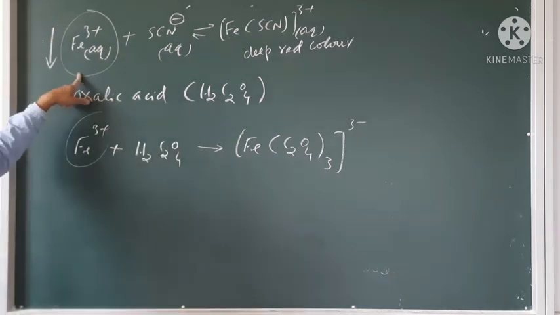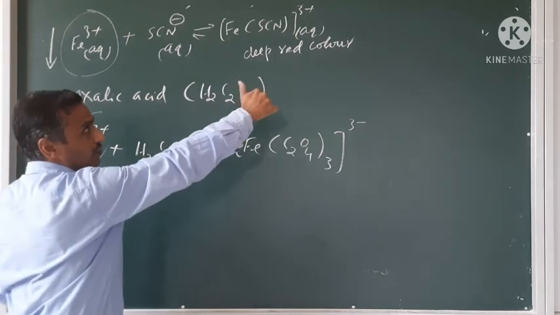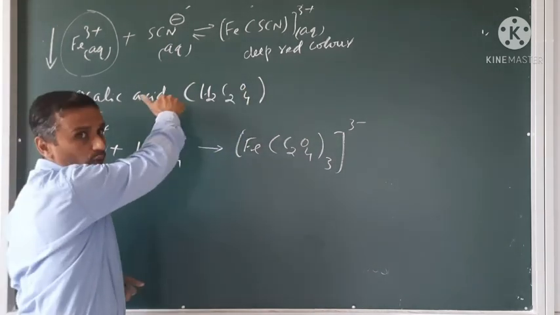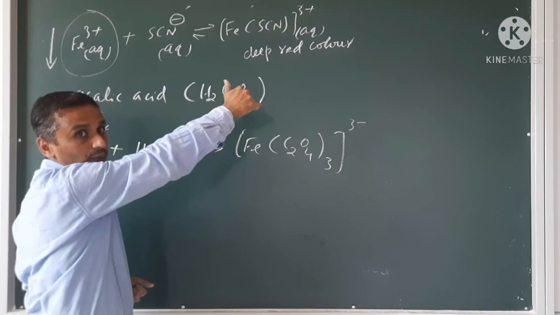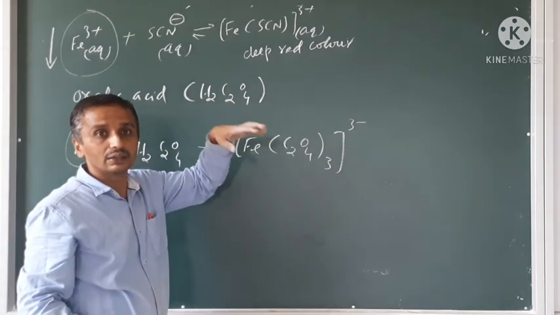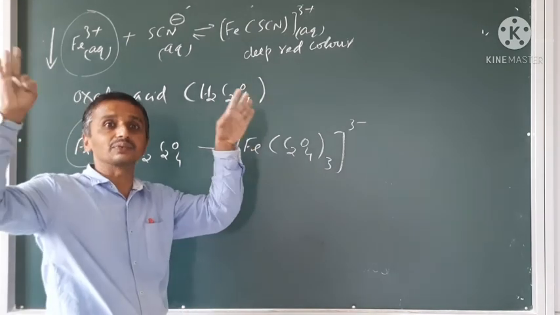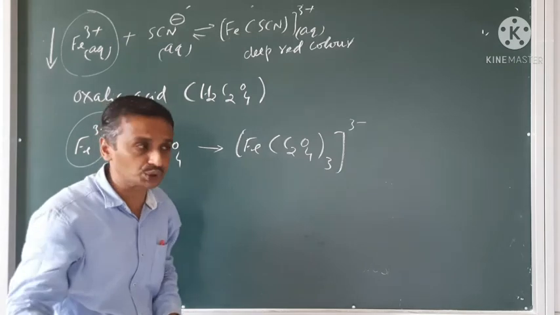One of the reactant concentrations decreases, so the reaction is favored in the backward direction, or equilibrium shifts to the left, and the red color gets diminished. The intensity of the red color is going to be reduced.